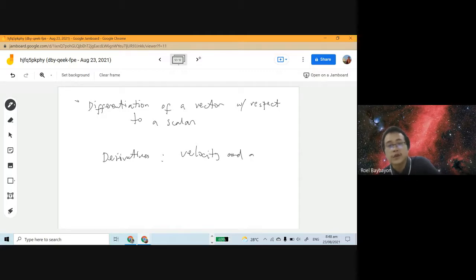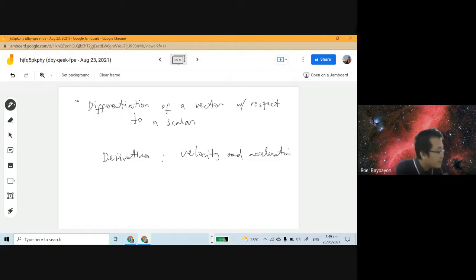We know that velocity and acceleration are just the first derivative and the second derivative of position, respectively. So first we will define the position, and once we know the position, we know how to solve for velocity and how to solve for acceleration.